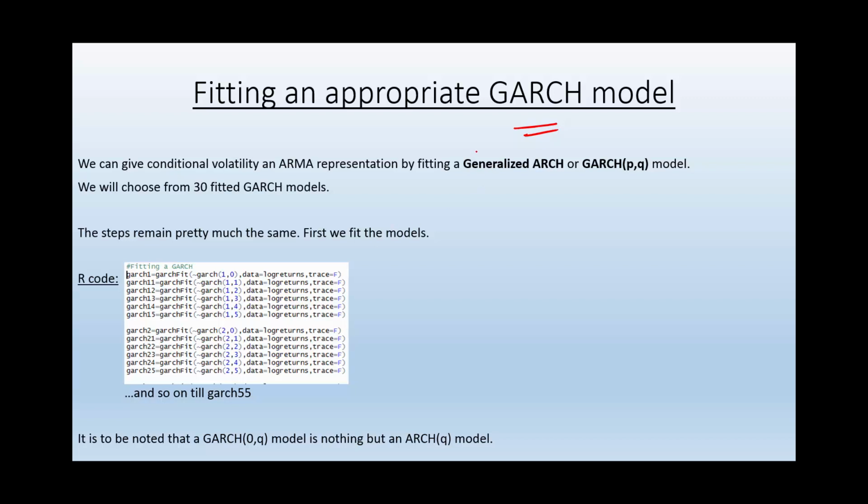GARCH is nothing but a generalized ARCH, a more generalized form of the ARCH model. So we have 2 terms here, not just 1 term. So we have 2 terms: 1,0, 1,1, 1,2, and so there are multiple. There are 2 terms, but the syntax remains the same.